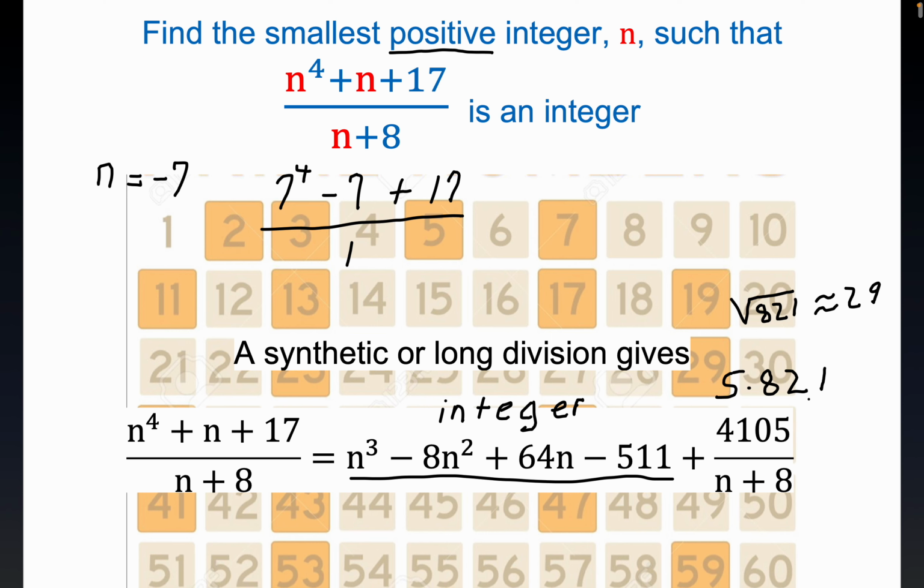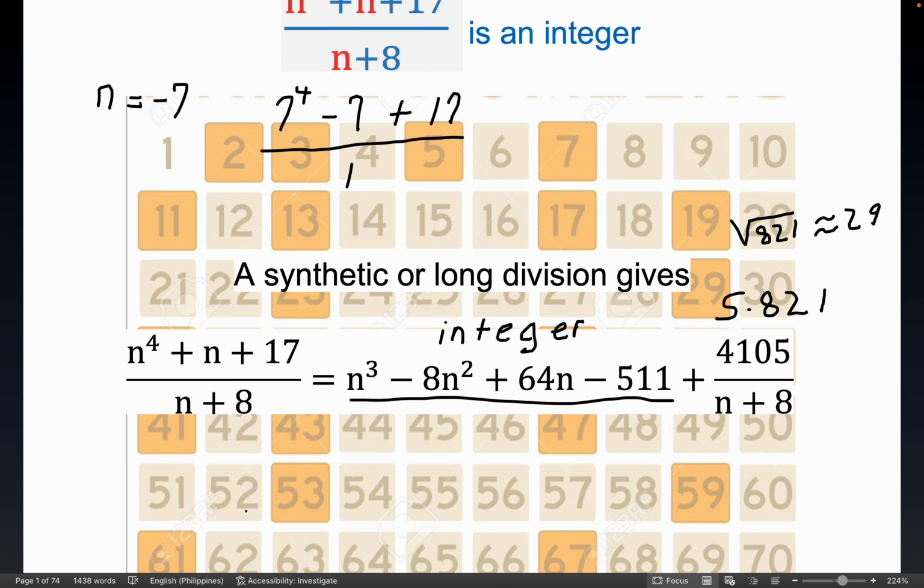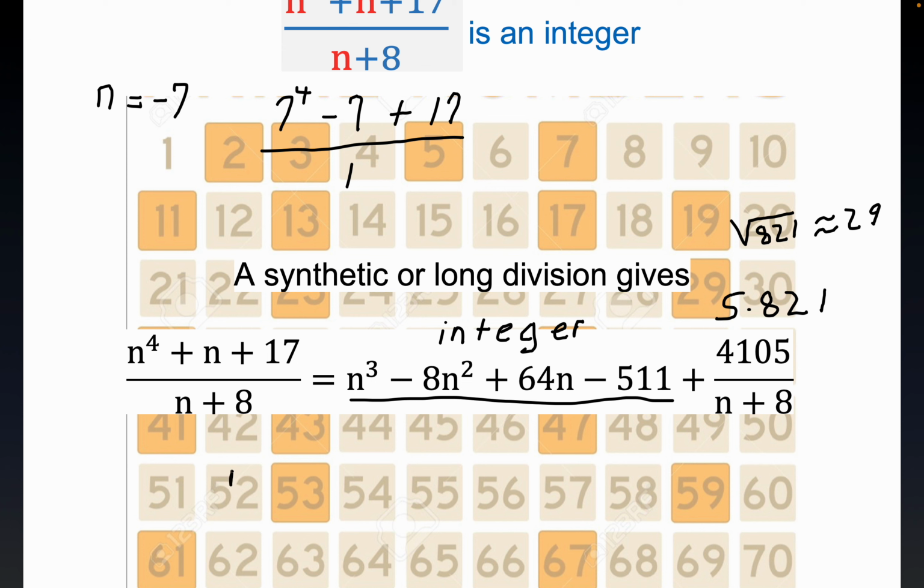So this gives us a very steady path because we know that the divisors themselves, and I'll just write them down. We can see that n plus 8 has to equal the divisors of 4105. But the prime factorization gives us an easy path. We know that 1 is a divisor of anything.